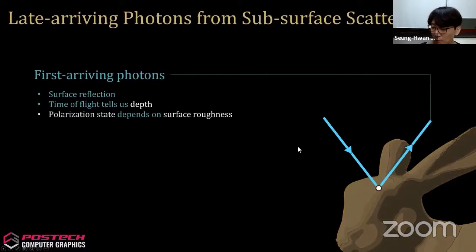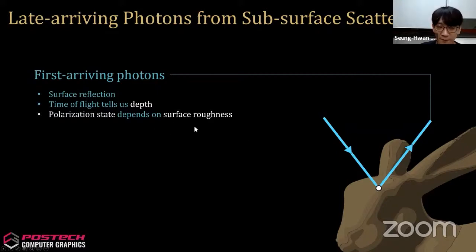However, what we wondered is what kinds of information do we have in the first arriving photons? Do we have additional information that we can extract from those photons? And that's what we investigated.